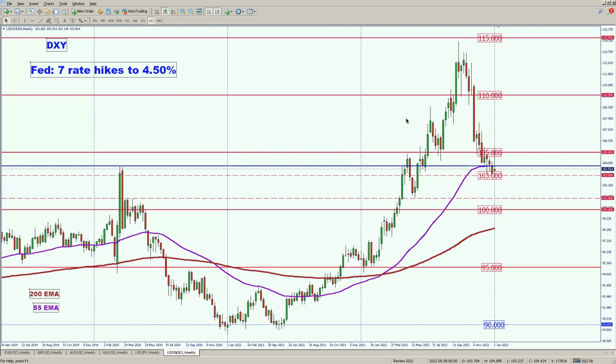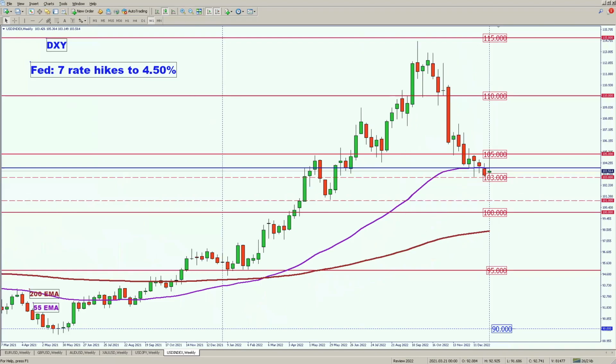So this is a weekly chart of the DXY. From the start of the year, it started off near the 95 level and ran up all the way to almost hit the 115, so almost a 20 dollar move here. So that's about 2,000 pips.